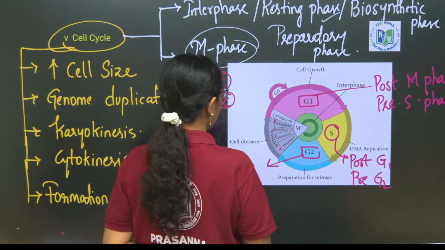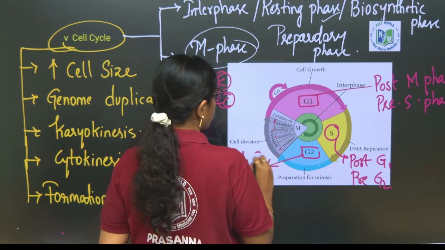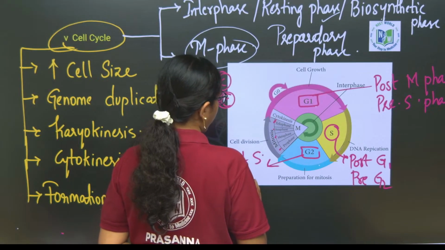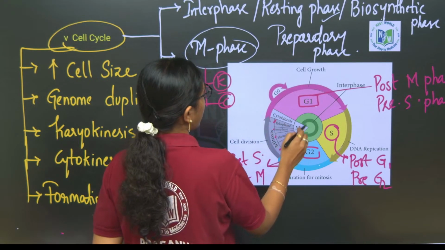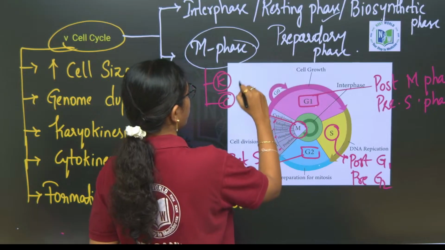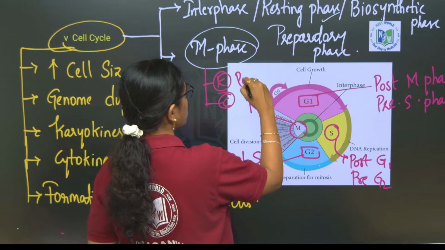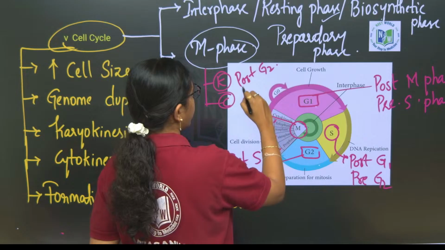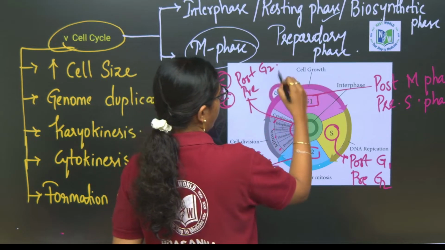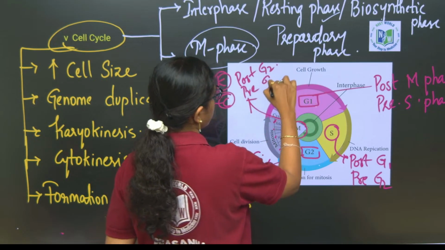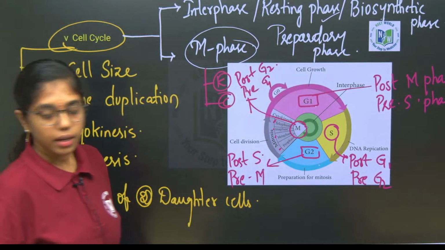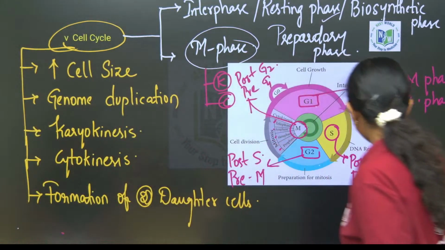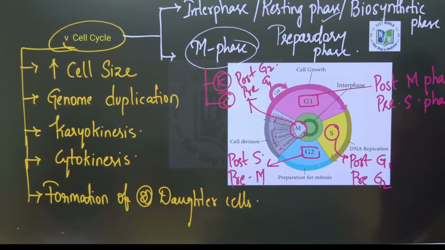G2 is also called as post S phase and pre mitotic phase. Fine. M phase can also be called as post G2 phase and pre G1 phase. Clear, right? Now you see what are the events that are actually happening in each phase, beta.